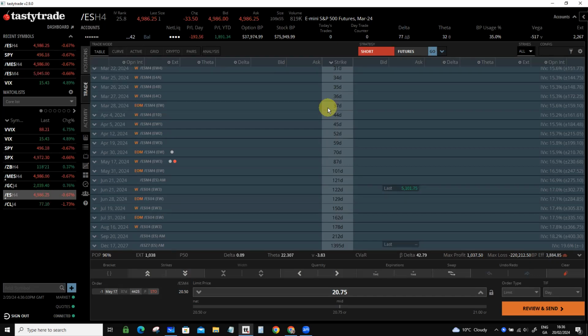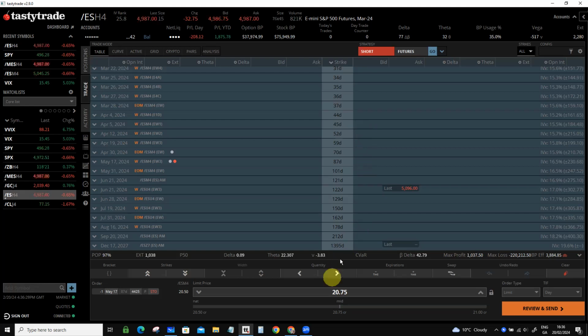Given that my number one goal is do no harm, I'm more concerned with not hurting the account than I am with making large returns. So with that in mind, I'm trying to reduce the notional value while keeping the profits and the returns in the same area.